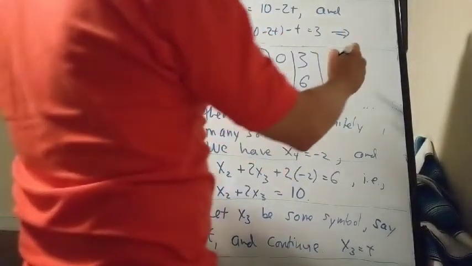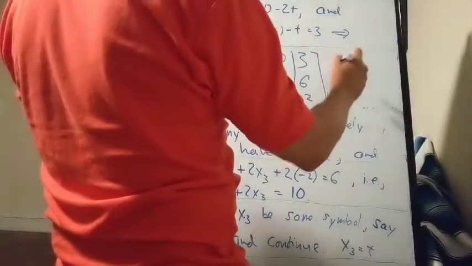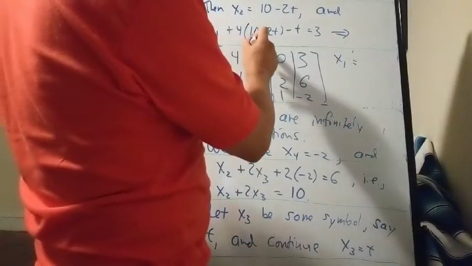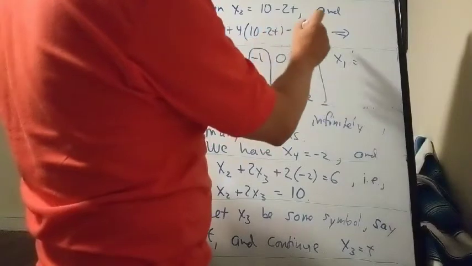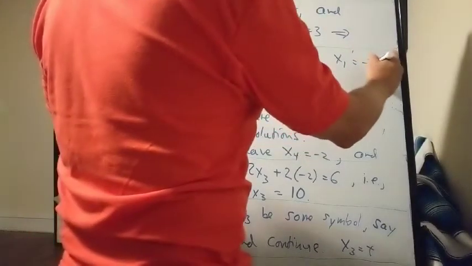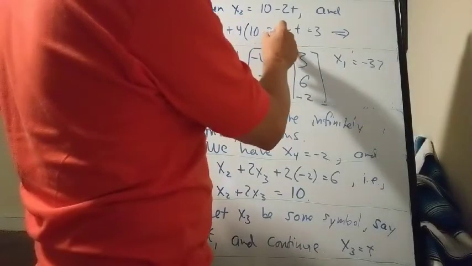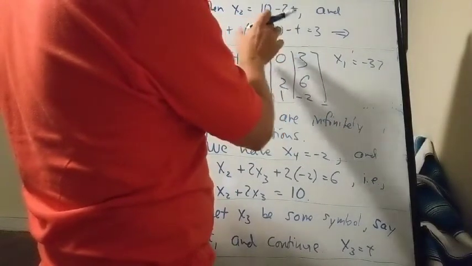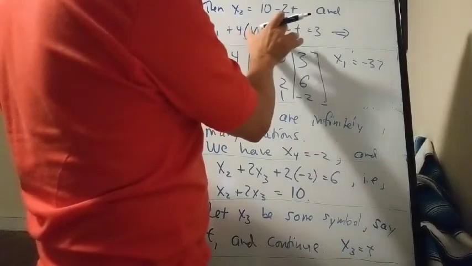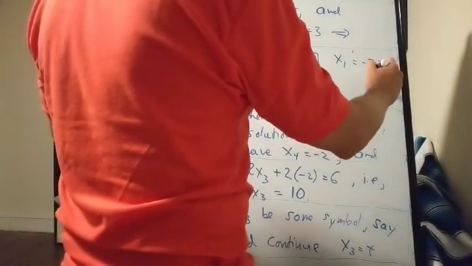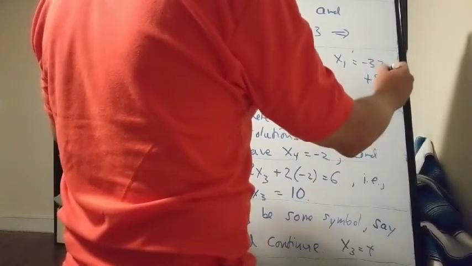And that means that x1 equals, let's say we've got 40 here. 3 minus 40 is -37, and -8t minus t is -9t. And then if we add that to the other side, we have plus 9t.